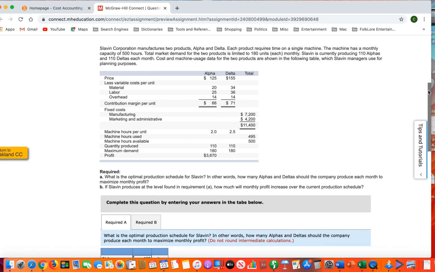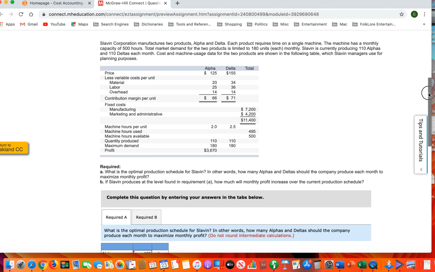Okay, and so you're going to produce 180 of those, and 180 takes 360 machine hours, 2 machine hours per unit. So 180 times 2 is 360 out of 500 available hours, which is 140 hours left. And 140 hours, and there's 2.5 machine hours per unit. That would mean you can produce 56 units. And then 56 times 155 is 8,680.